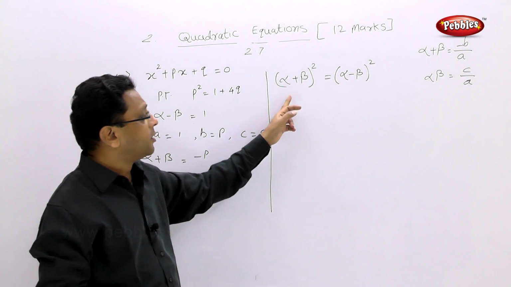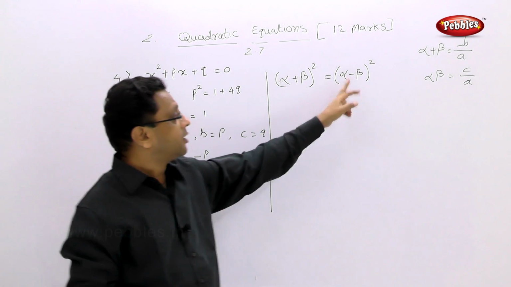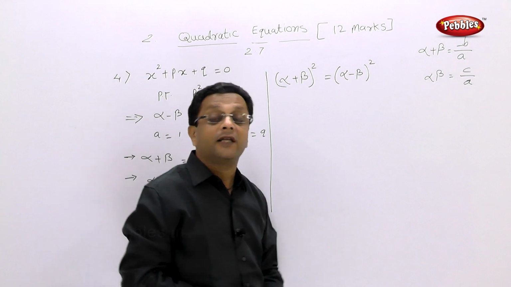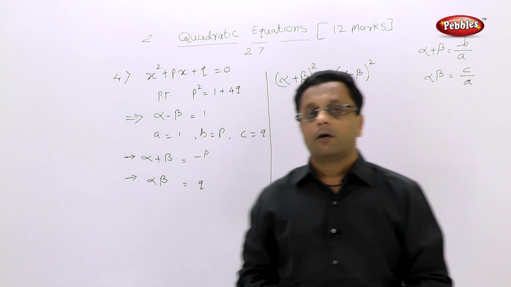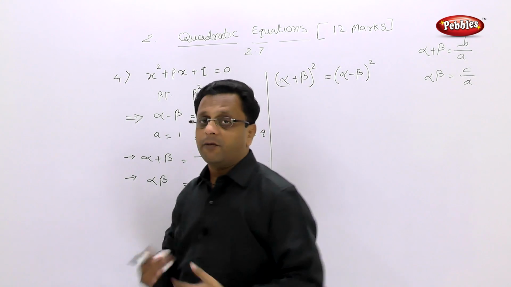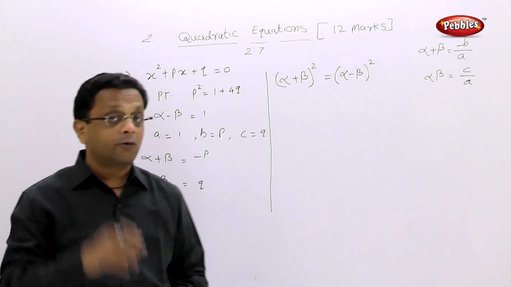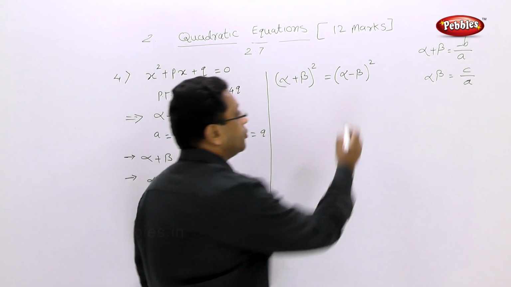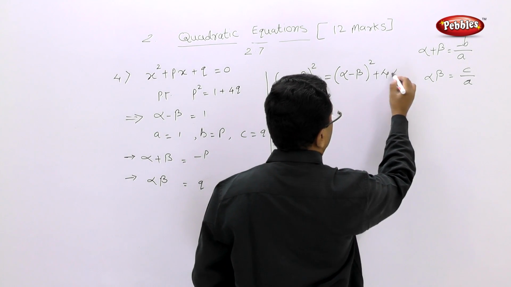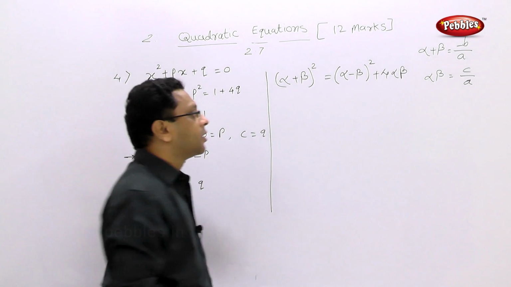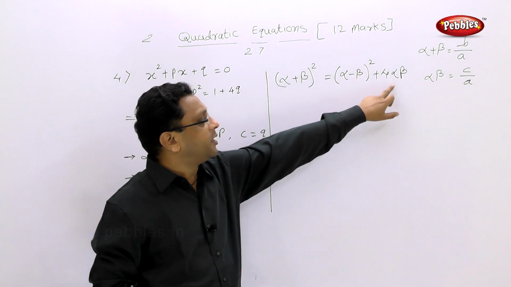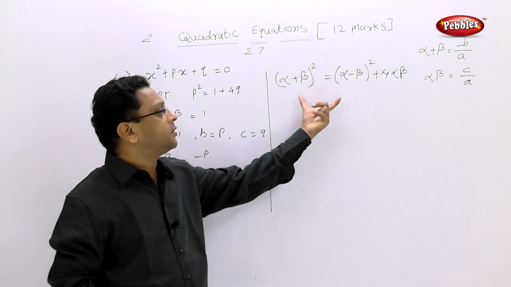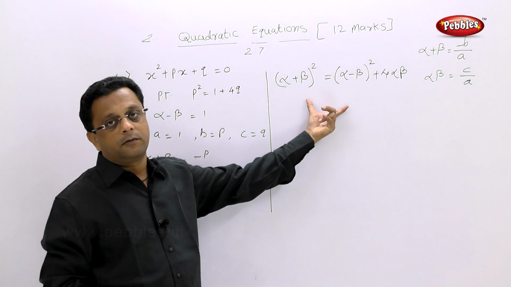But here the middle term is 2 alpha beta, and here the middle term is minus 2 alpha beta. To make it minus 2 alpha beta, what will I have to do? I will have to subtract 4 alpha beta.